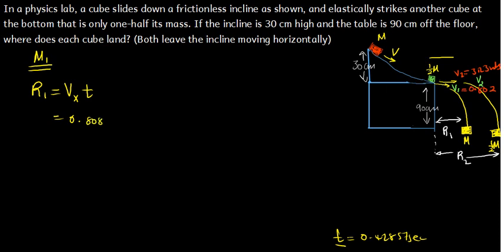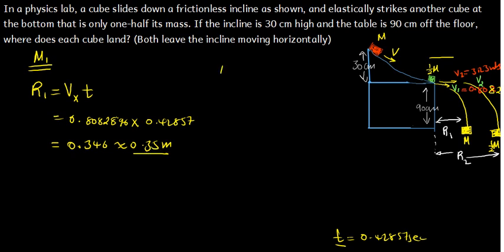Okay, this was 0.8082 which we calculated earlier. This is not the full number. The full one which I wrote earlier was 0.8082896. Now we're going to multiply with the time that they had to fall, and that is 0.42857 seconds, and the range is going to give us, if we do the multiplication, 0.346, which we can leave as 0.35 meters.